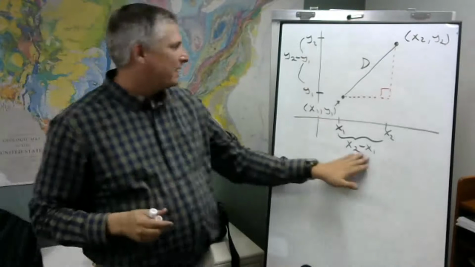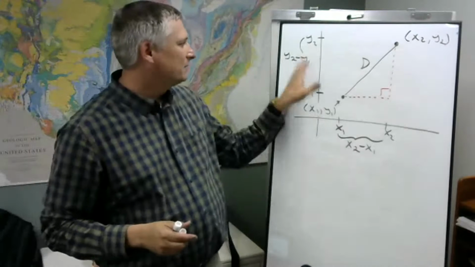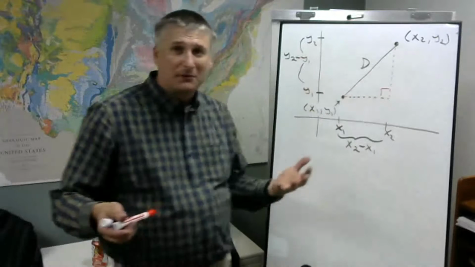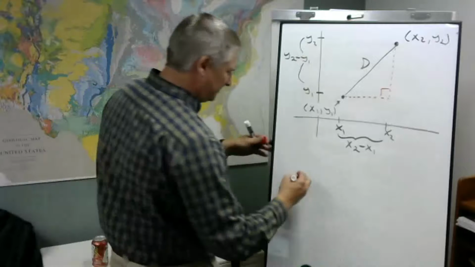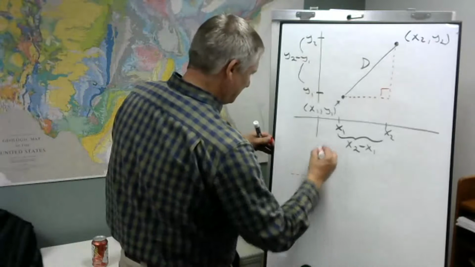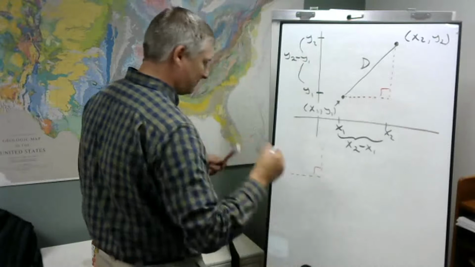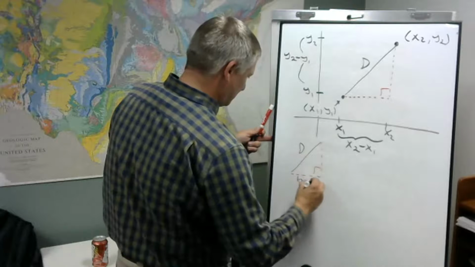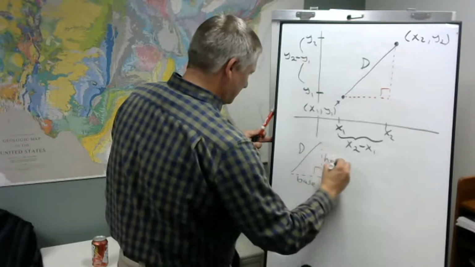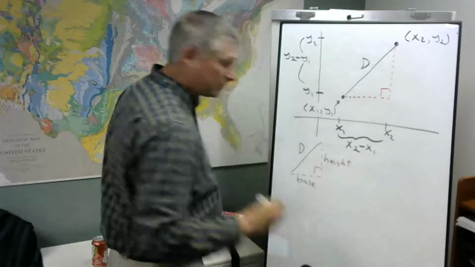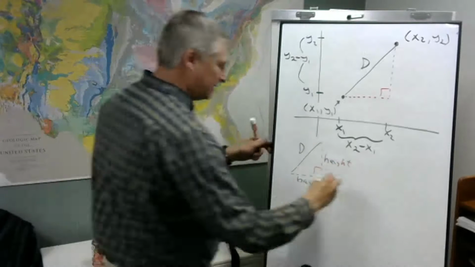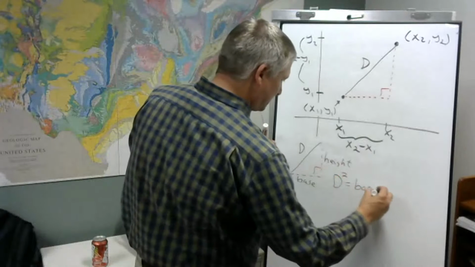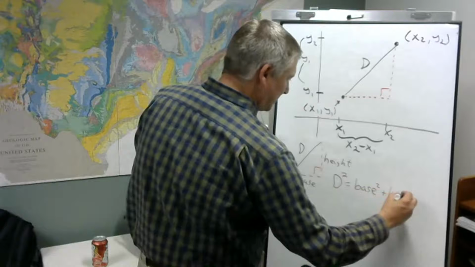So we have the base, we have the height. We can use the Pythagorean theorem to put all this together. We've got our triangle. So according to the Pythagorean theorem, d squared is base squared plus height squared.